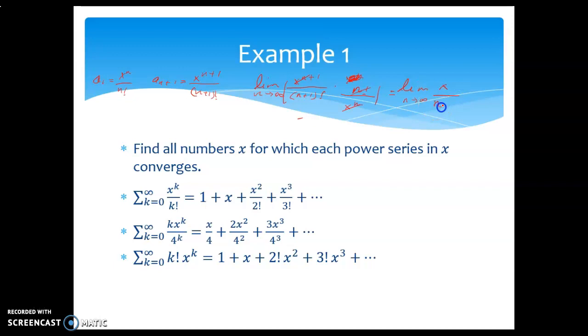Taking the absolute value, this goes to 0 for all values of x. This limit becomes 0 for every value of x. So that means all real values of x are allowed here and make this series converge.